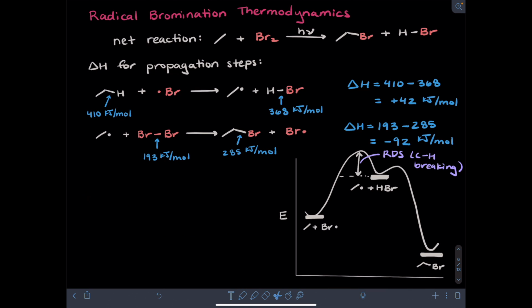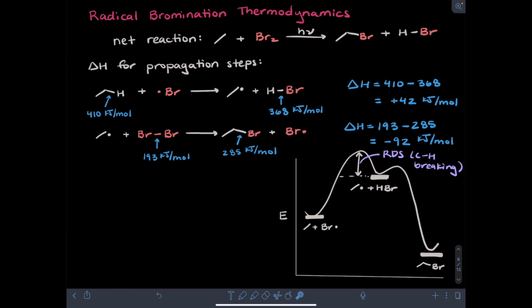We can consider a reaction coordinate diagram for the radical bromination of ethane. The first propagation step, the hydrogen abstraction step, is endothermic. So I'm putting the energy of the carbon radical and HBr as higher than that of the ethane and bromine radical starting material. And this is the rate-determining step, so I've made this the highest barrier on the diagram. The second step, the halogen abstraction step, is exothermic.